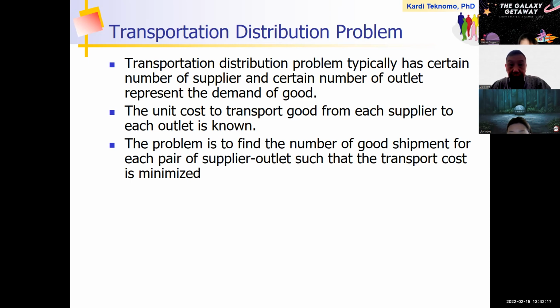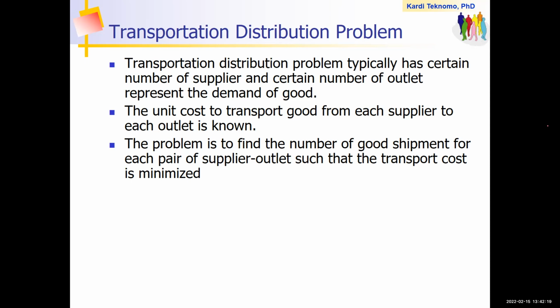Let's use the same example. The transportation distribution problem is very typical. You have a number of suppliers and a certain number of outlets representing the demand. The unit cost of transporting goods from each supplier to each outlet is also known.